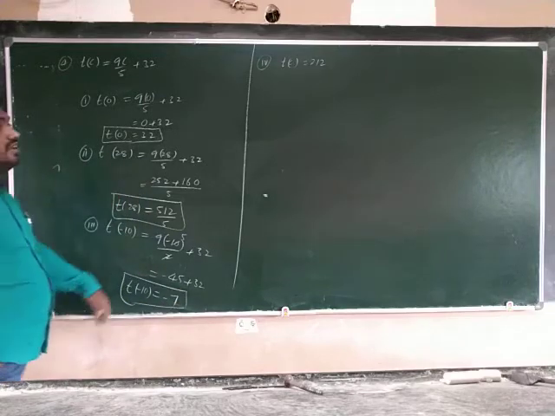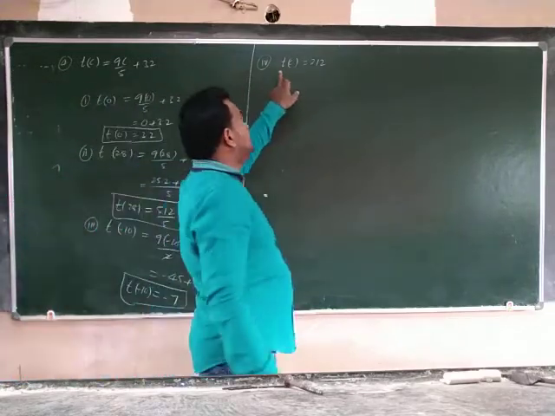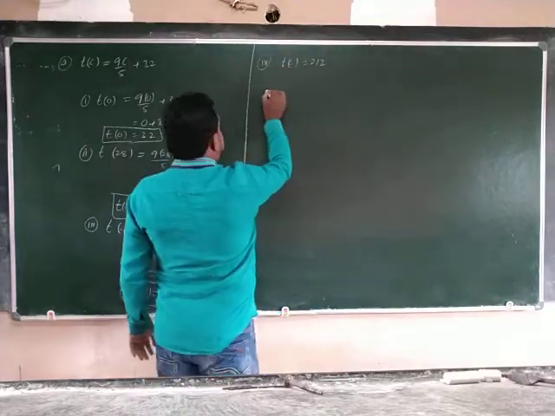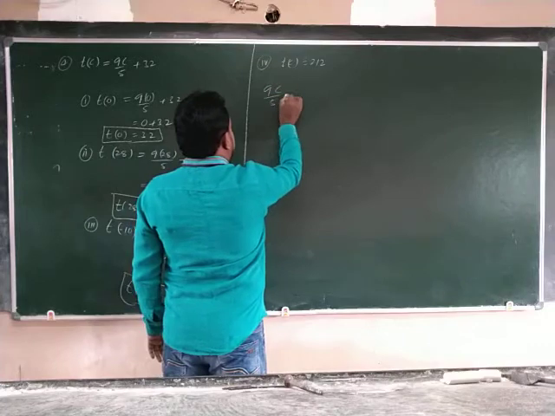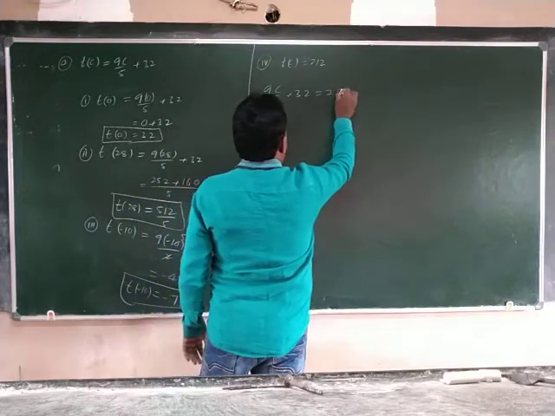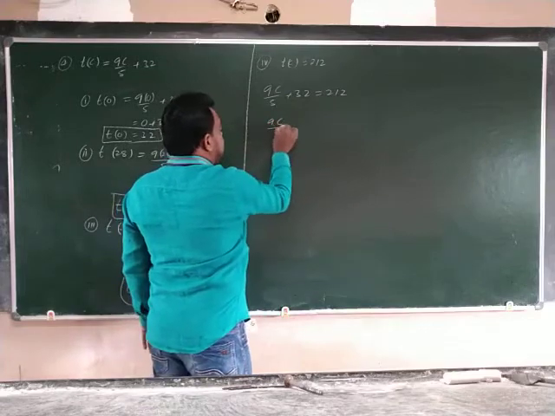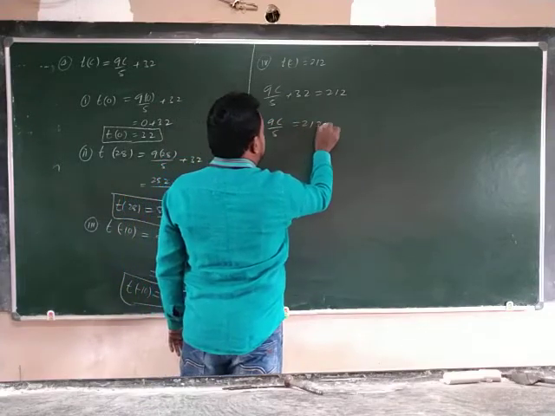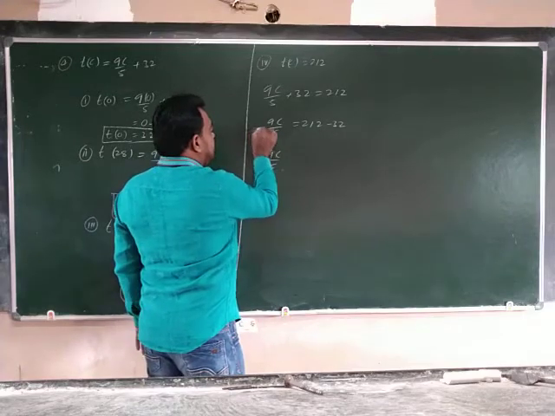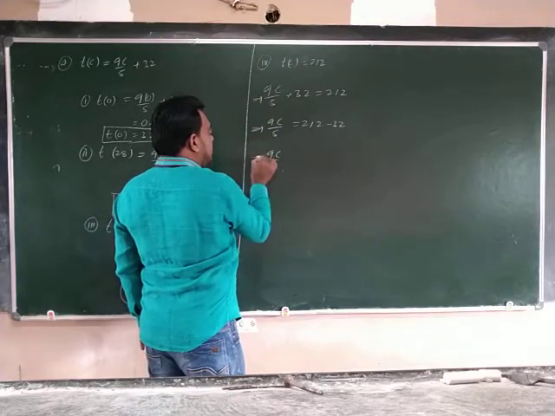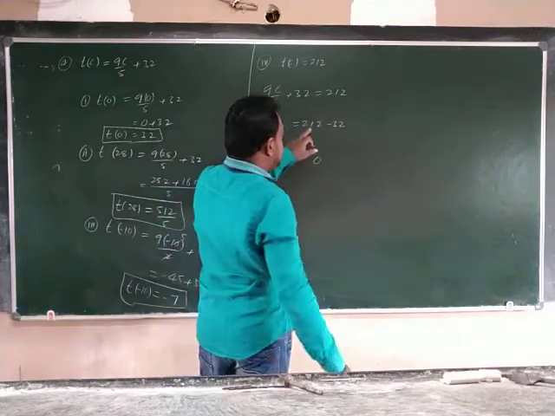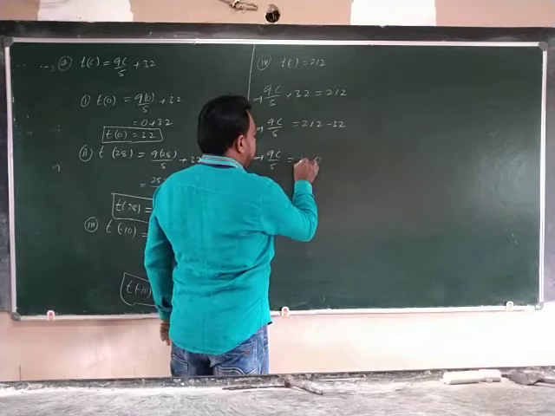Next, here we are finding the C value. They have given T of C is equal to 212. What is T of C? 9C by 5 plus 32 is equal to 212. So 9C by 5 is equal to 212 minus 32, which is 180.